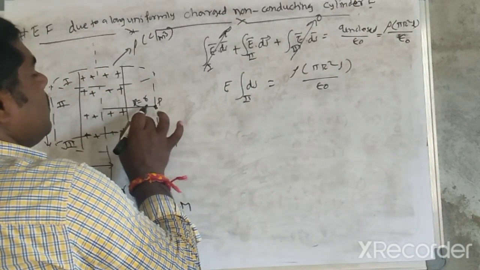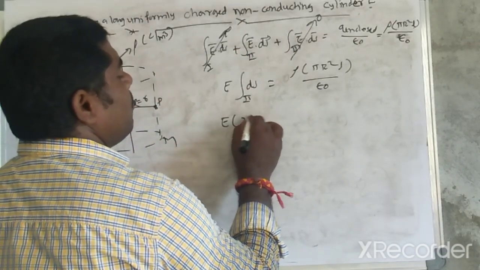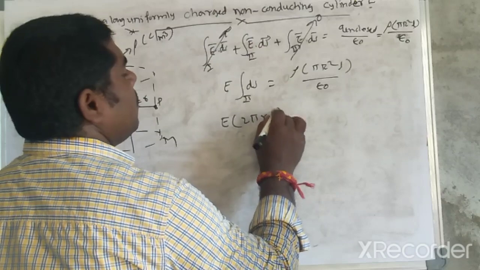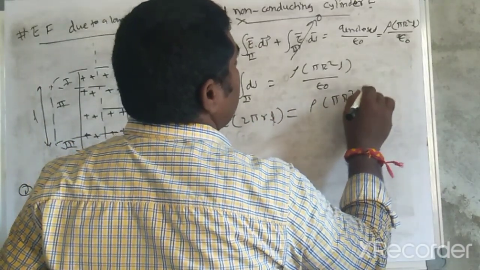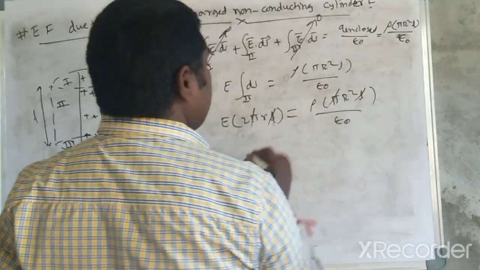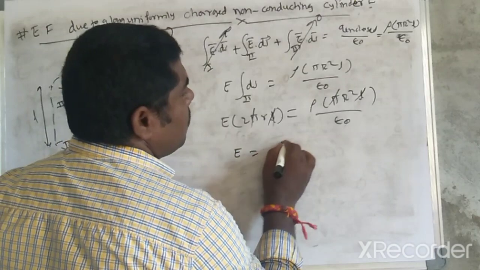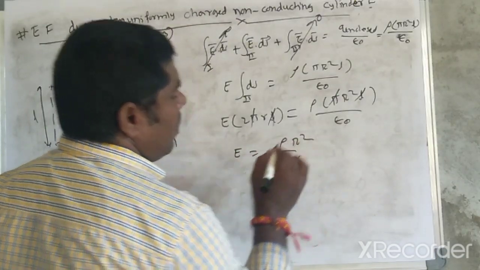Here the distance is R. So electric field into 2 pi small r into L is equal to rho into pi capital R square L divided by epsilon naught. Pi gets cancelled, L gets cancelled. Electric field is equal to rho R square by 2 epsilon naught r.